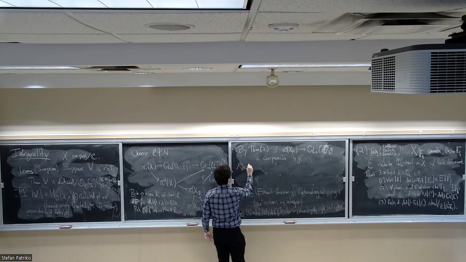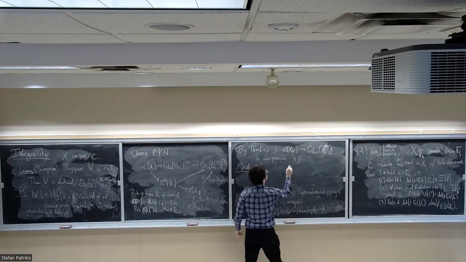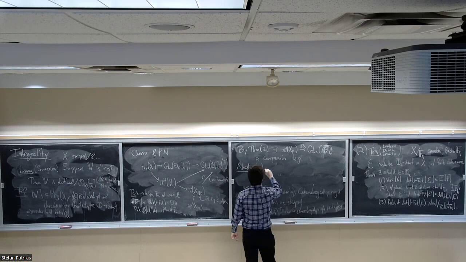Okay, so what do we need? We need two things. First, that this representation, let me call it rho lambda, is cohomologically rigid.